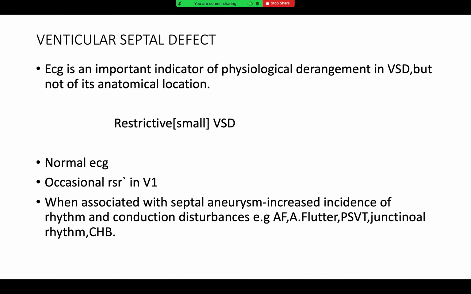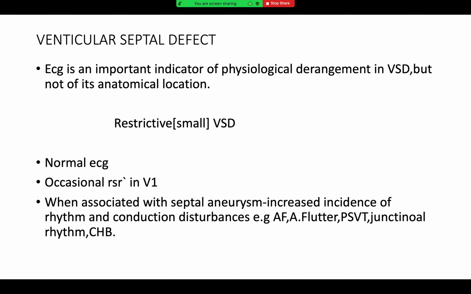So now coming to the VSD, ventricular septal defect. What is so characteristic about ventricular septal defect? We all are aware that there is a physiological derangement in the ventricular wall. So it can be again of further different types. It can be small. If it is small, it will be restrictive. It can be restrictive, moderately restrictive.